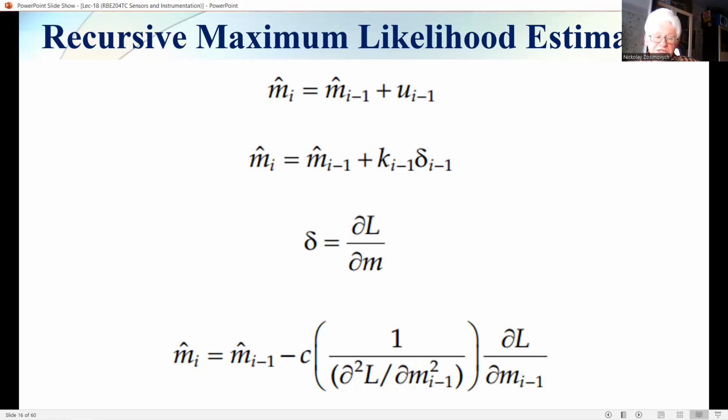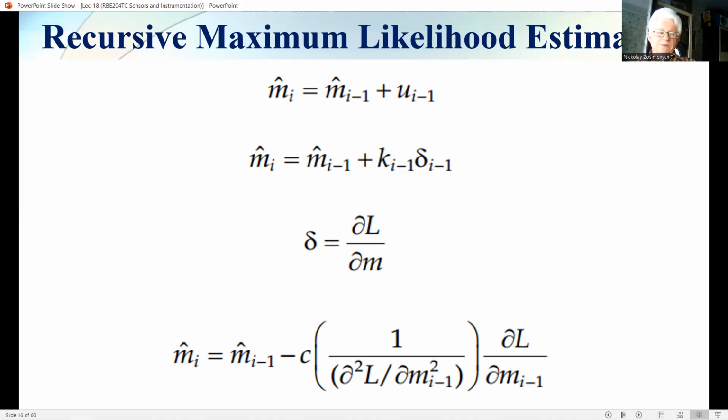This recursive formulation may be expressed in the following general form, as you may see in the first equation on the top, where m hat represents the parameter that is estimated. In general, the recursive increment u, as you can see in the final part of this equation, depends on such factors as the data of m, which are measurements, the model error variance, the measurement error variance, and even the present estimated value itself.